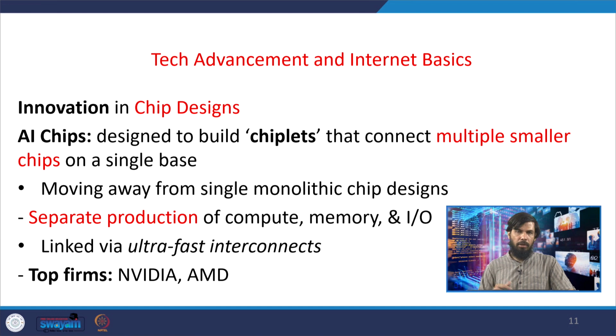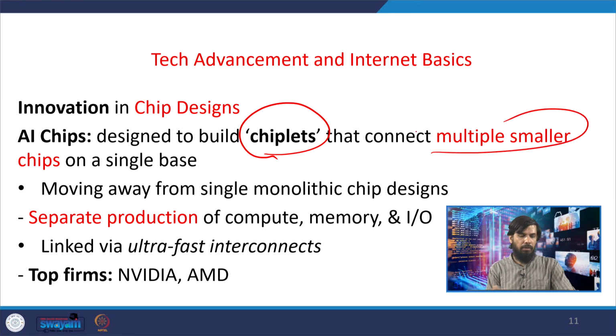There are significant architectural changes in the design of these AI chips. AI chips have been designed to build chiplets. This new term is coined, and it reflects the change in design in AI chips: designed to build chiplets that connect multiple smaller chips on a single base, right.